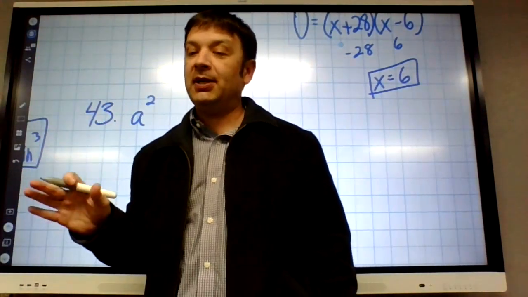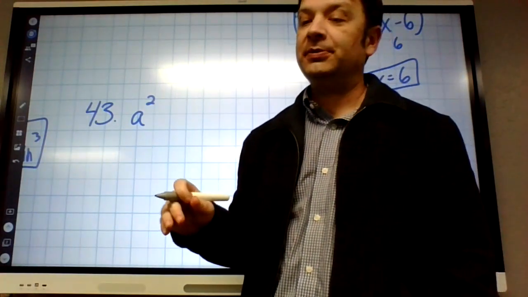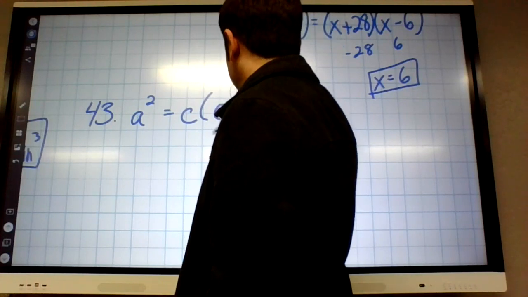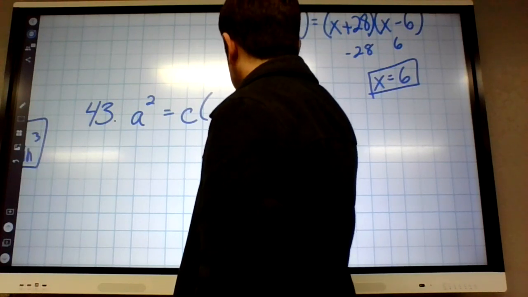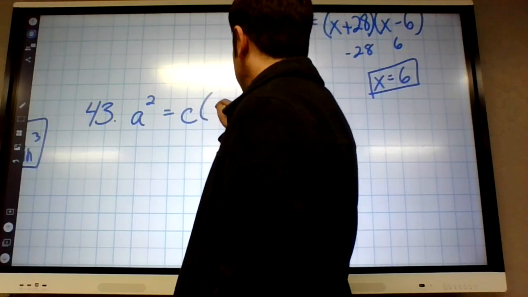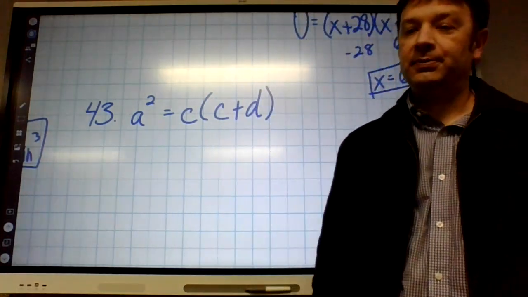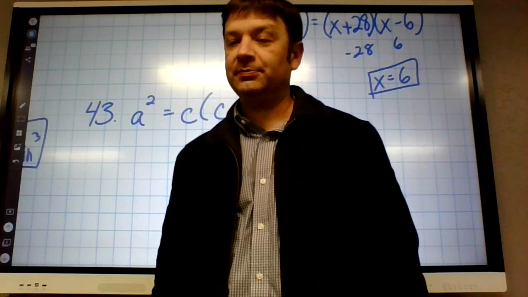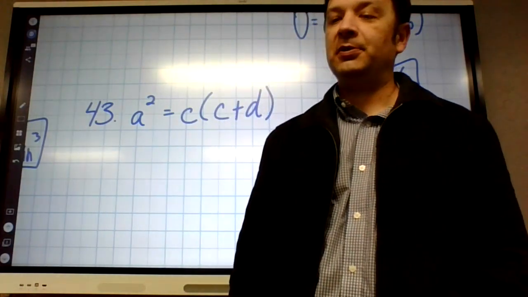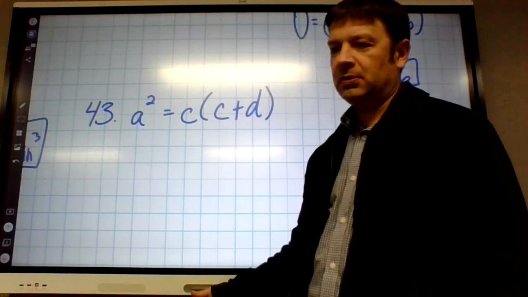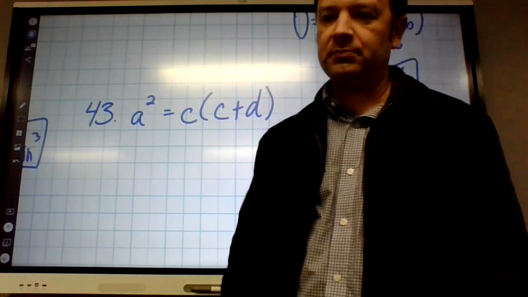So a times a, or a squared, equals what? C, parentheses, C plus B. Right. Good job. Just plug the numbers in, it'll solve. So yeah, you can use that formula in 44 to help you. That's 43, yeah.